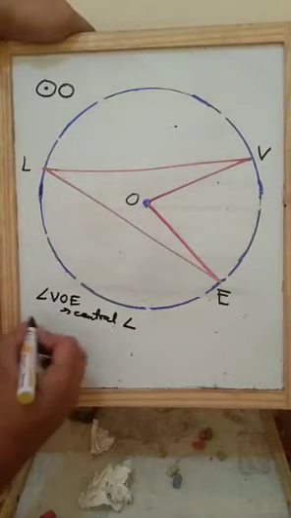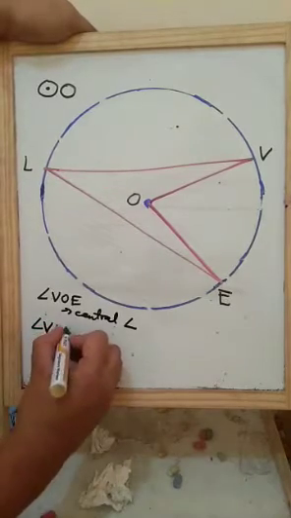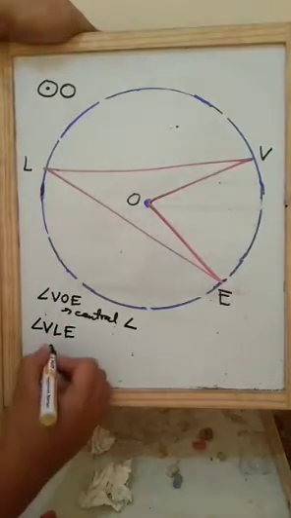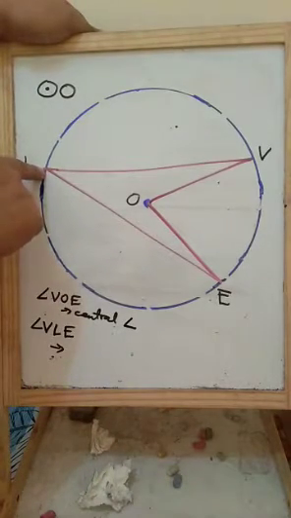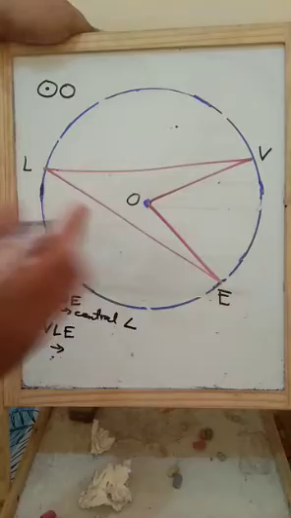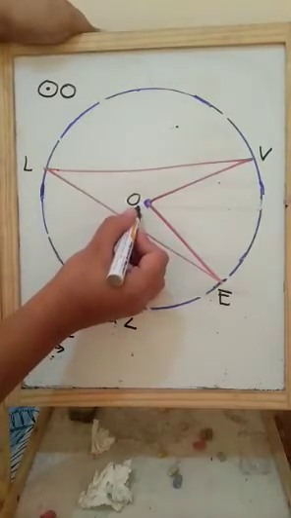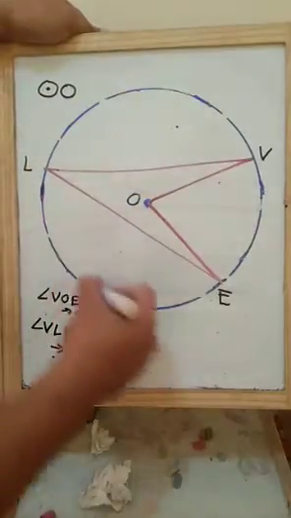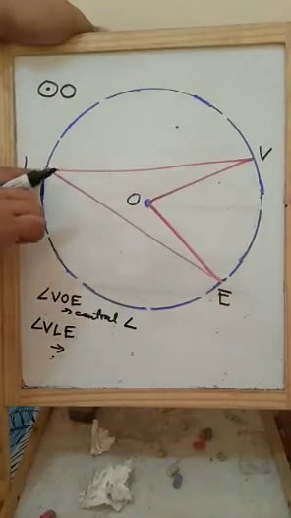On the other hand, we have the angle VLE by which your vertex is a point of your circle. Point siya. Take note, ulitin ko. The center here is not included on the set of points of your circle. Ang kasali lang dito, ito.